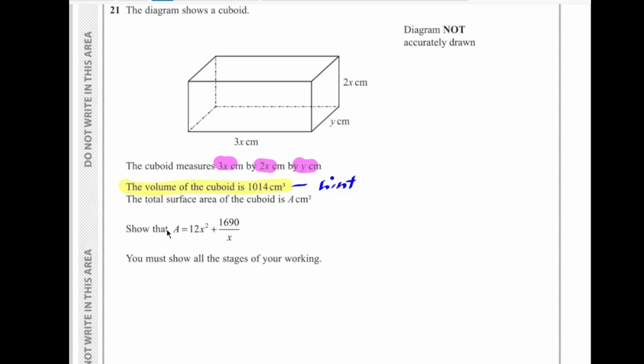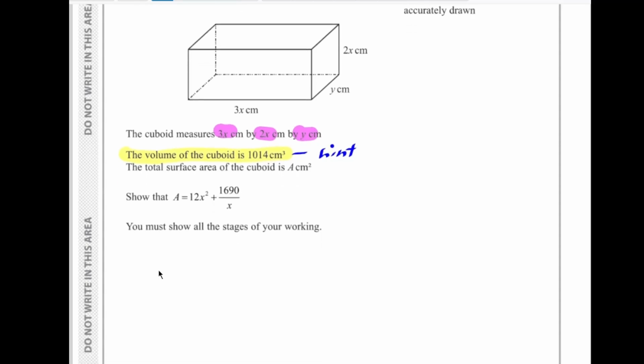Once analyzing this one, whatever we have to show, in this case, can you see there is no y? Then use this hint to get what y is, and whenever we need to use y for the surface area, we got to replace that y here. So first, we'll form an equation using the volume.